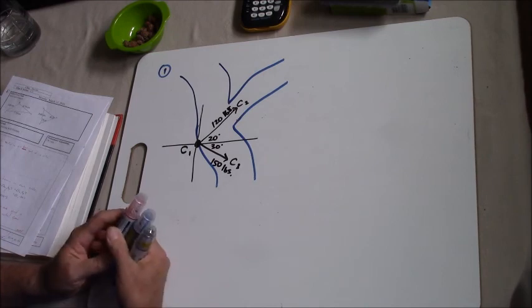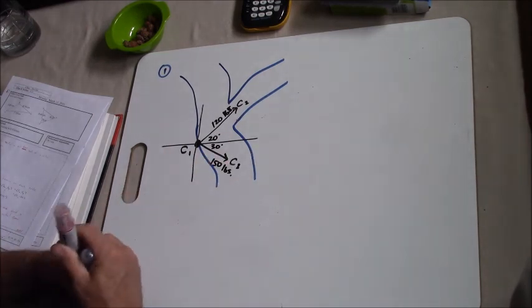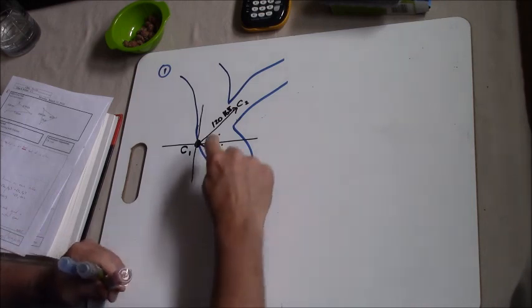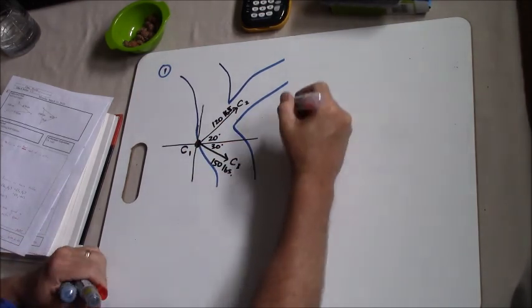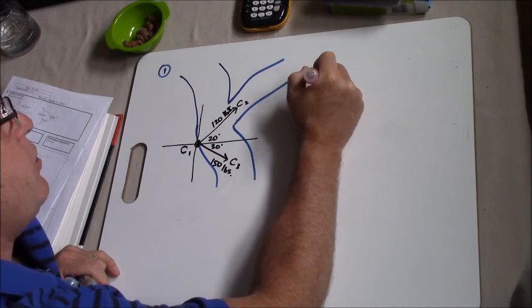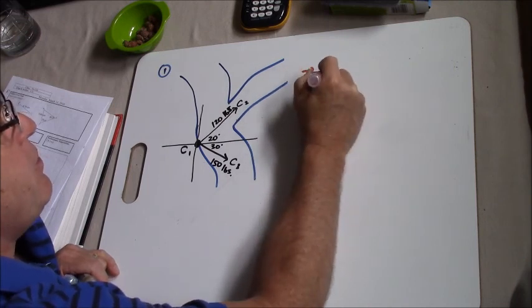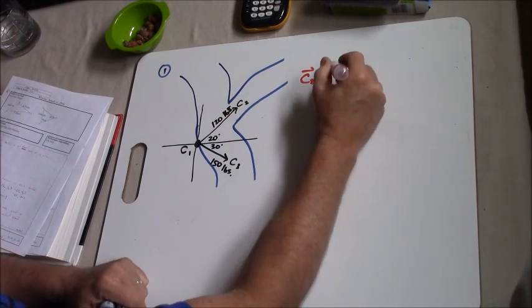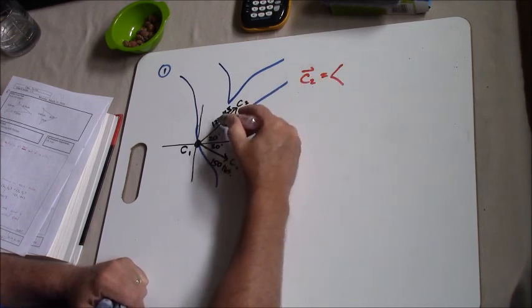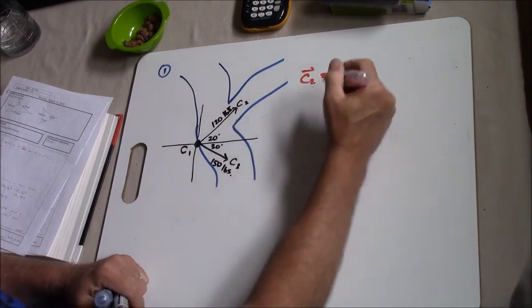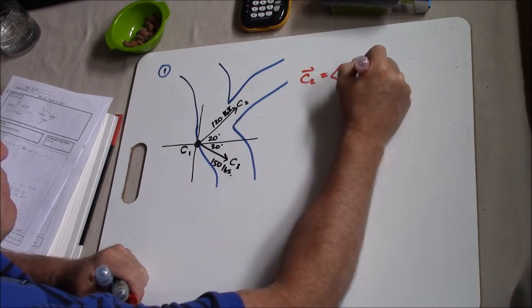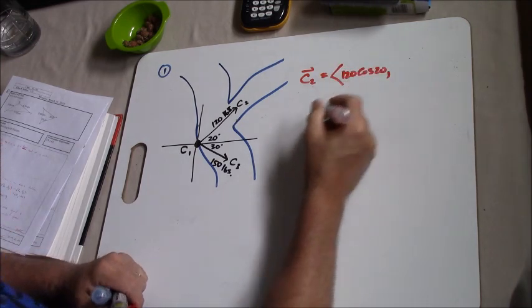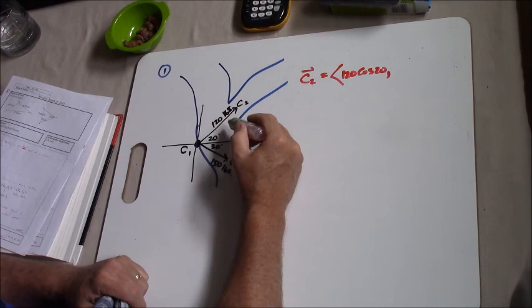Okay? So remember what we just wrote down a second ago. I want to write these two vectors in component form. So for car number 2, I'm going to say that that's equal to 120 cosine 20, comma, 120 sine 20.